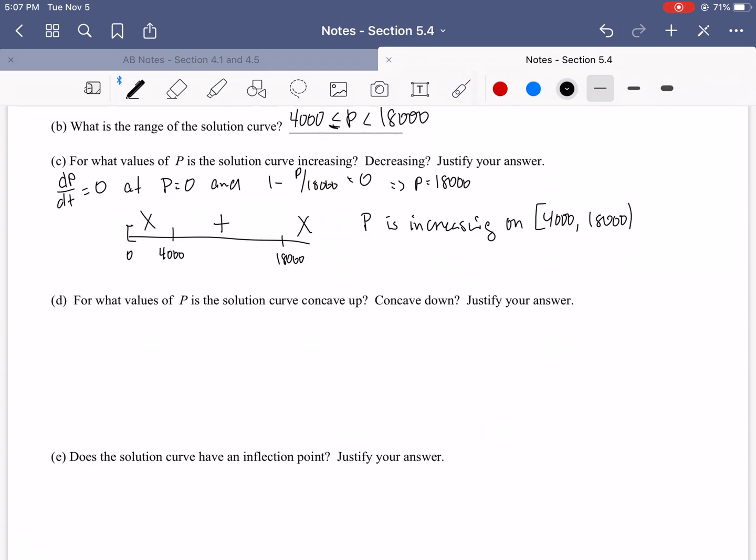Okay, in letter D, we want to know for what values of P is the solution curve concave up or concave down, and justify your answer. So here I'm going to take the second derivative of P with respect to t.